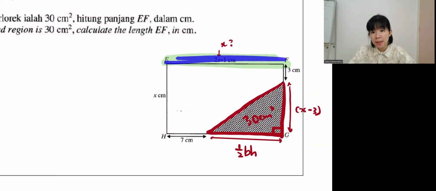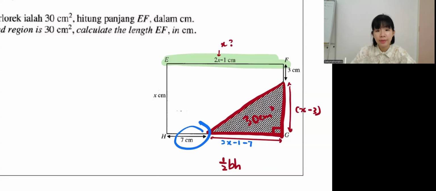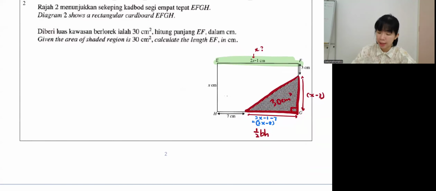Okay, this whole thing, the length of this EF is 2x minus 1. Then here 7. So left with how much? Okay, isn't it? We take 2x minus 1 minus 7 minus this one. Okay, we are left with 2x minus 8. 2x minus 8. Okay, once we have base and height, now we can put them together.